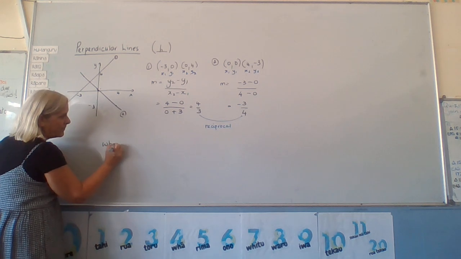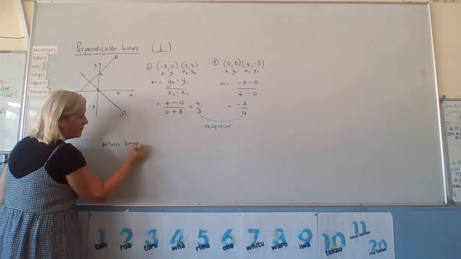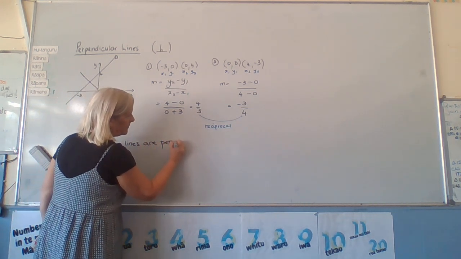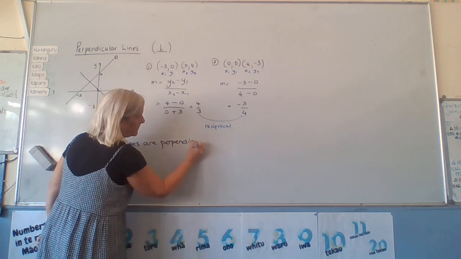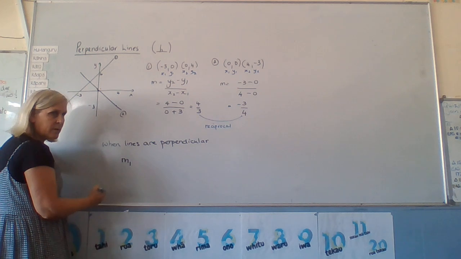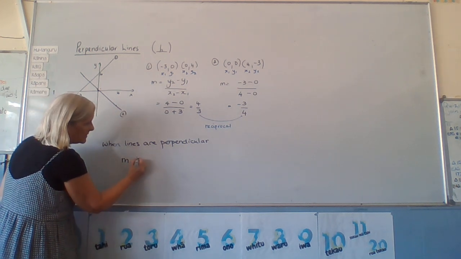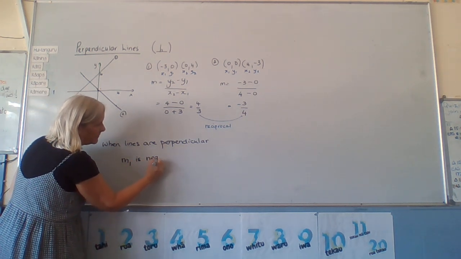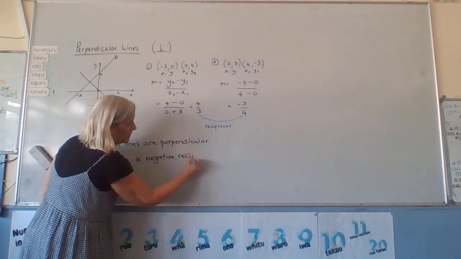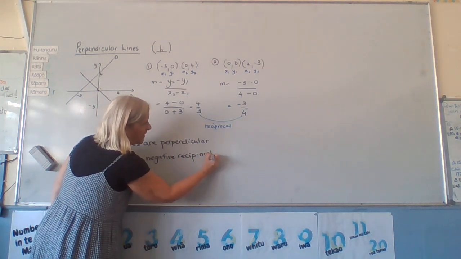So what we say is that when lines are perpendicular, one gradient is the negative reciprocal of the other.